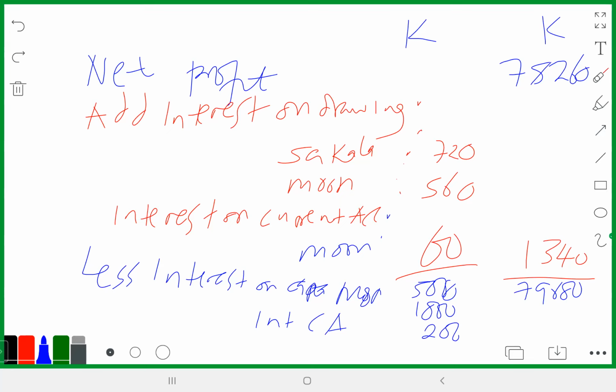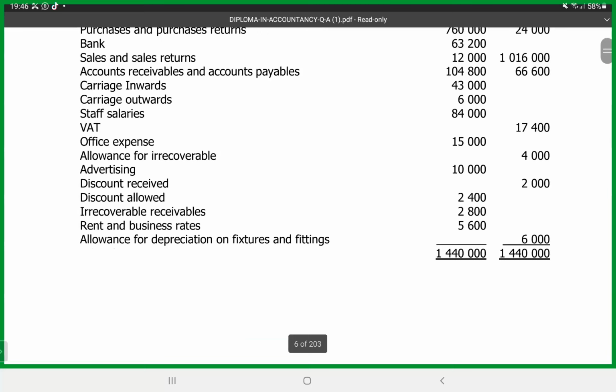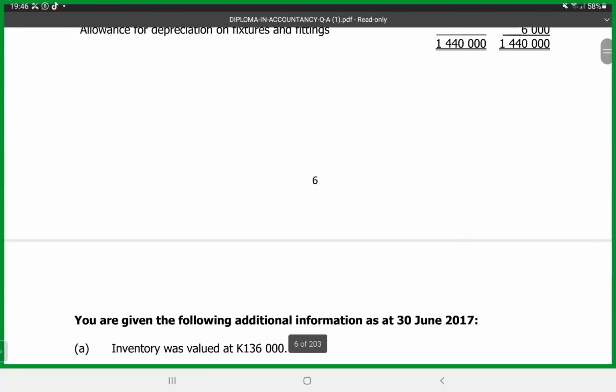Both Mono and Sakala had salaries. According to the question, where are the salaries? Let's look for their salaries.